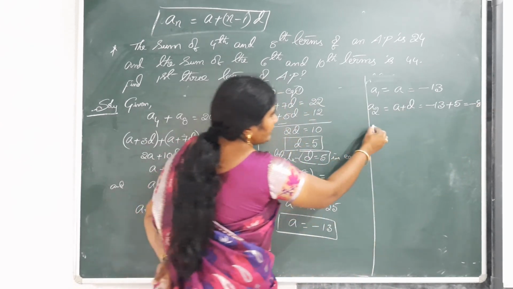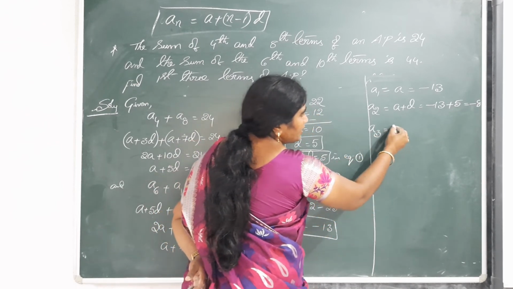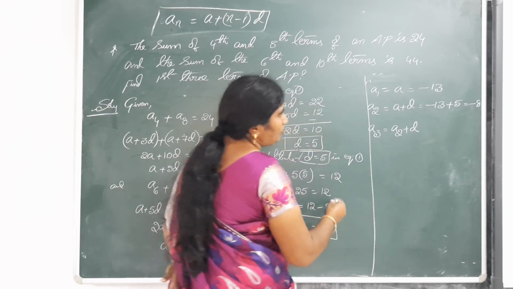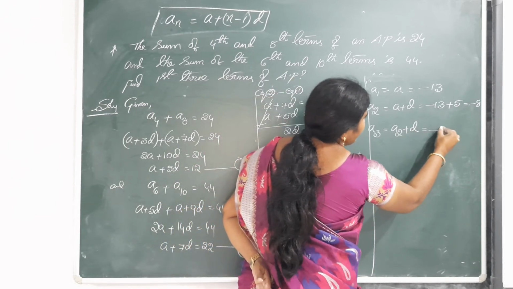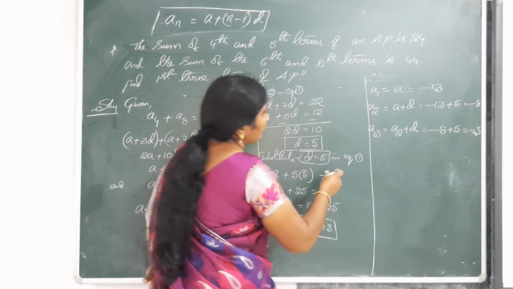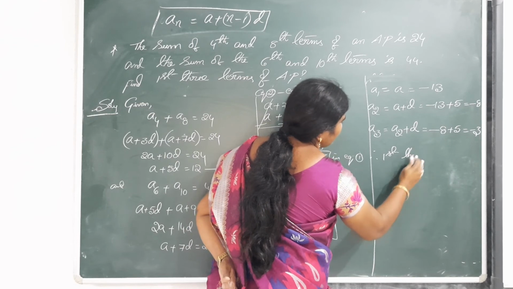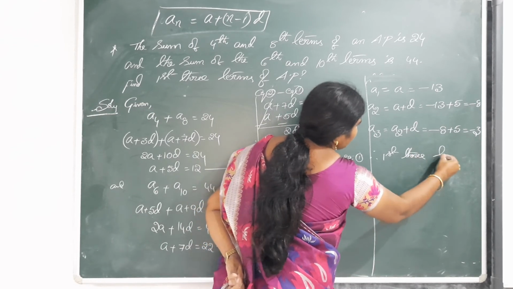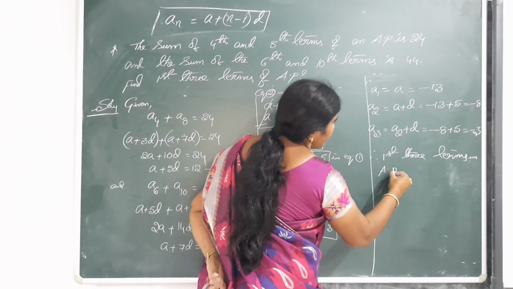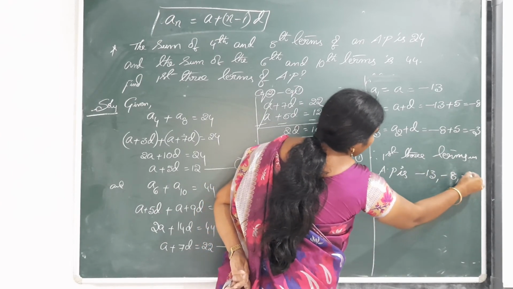Next, A3 equal to A2 plus D, that equals minus 8 plus 5, that equals minus 3. Therefore, the first three terms in the AP are minus 13, minus 8, minus 3.